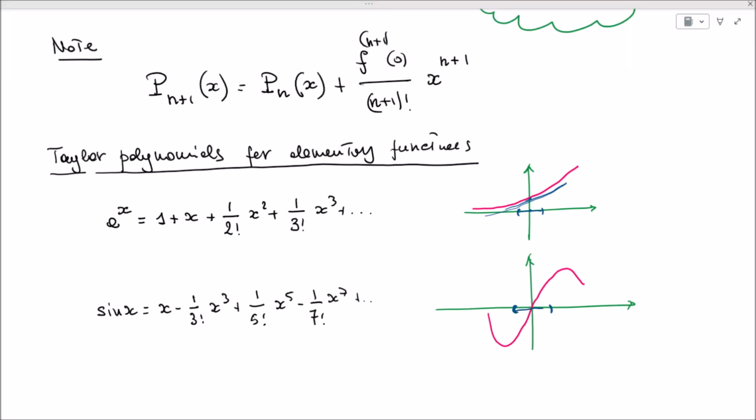So in a neighborhood of the origin, we are saying that this function can be approximated with this polynomial, and of course up to a degree that can change.